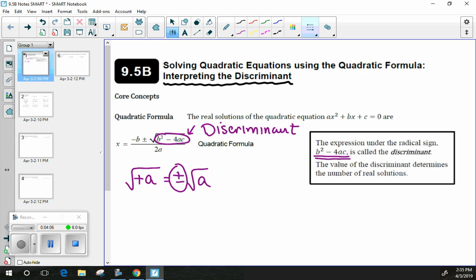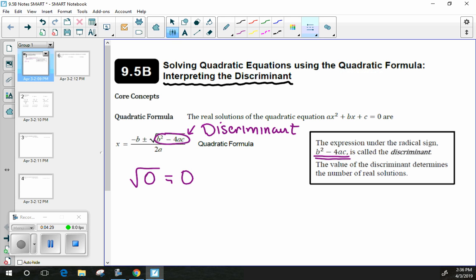Okay? Now, if instead of it being greater than 0, it's exactly 0, well, the square root of 0 is just what? 0. And there is no plus minus option on that. Okay? So it's just 0. That entire radical pretty much just zeroes itself out.